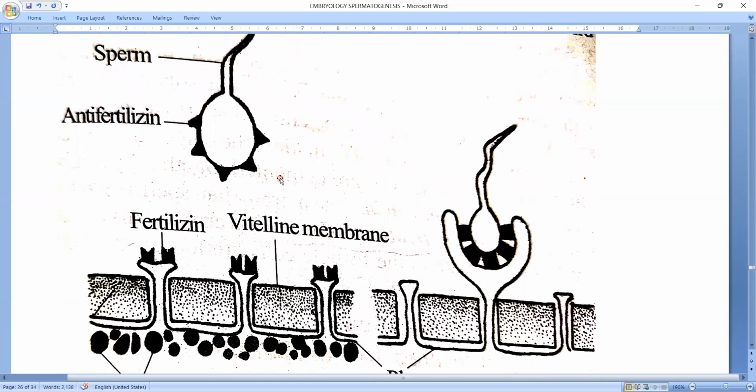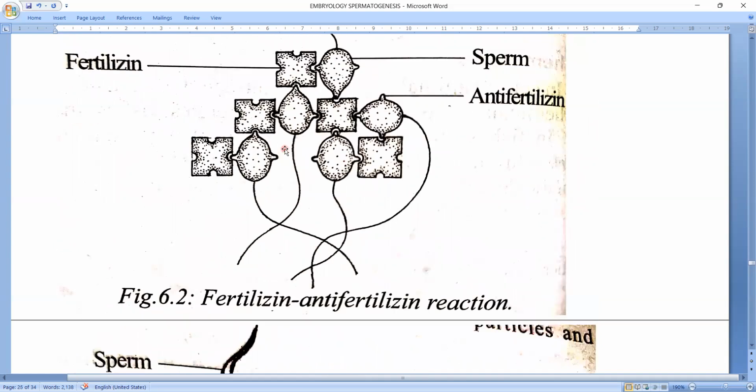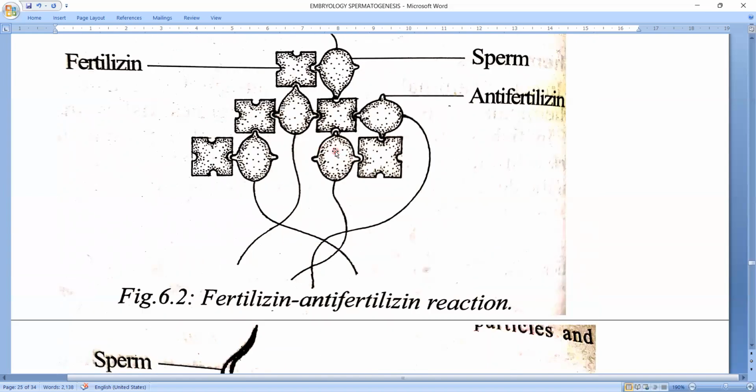One is many sperms are prevented from reaching the egg, so that only some sperms can reach the egg. So some sort of prevention of polyspermy. That is one type of prevention of polyspermy.